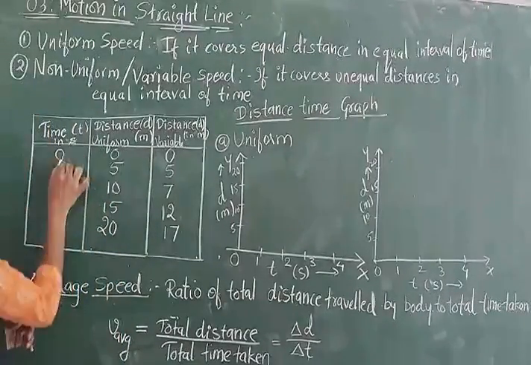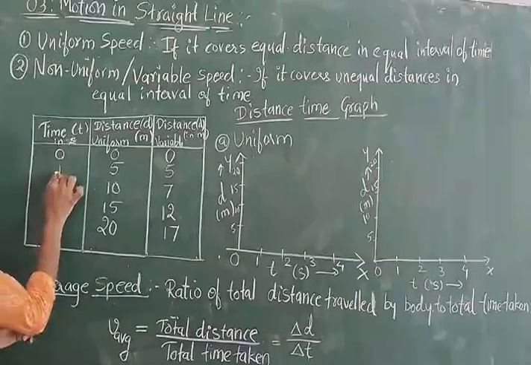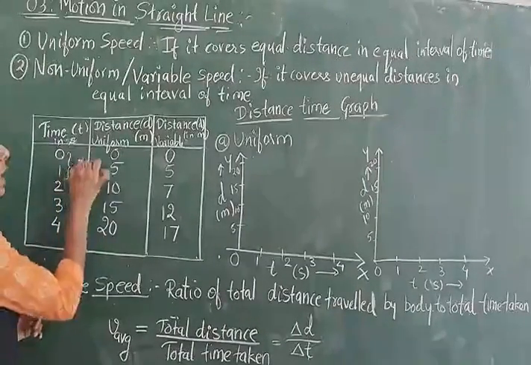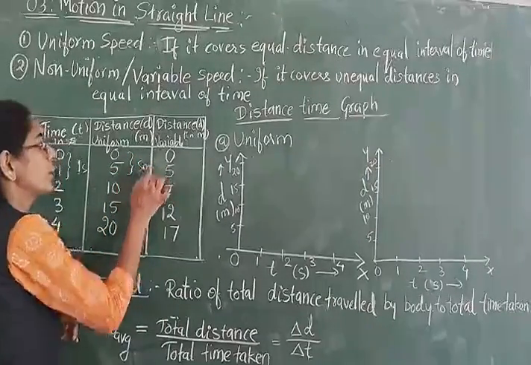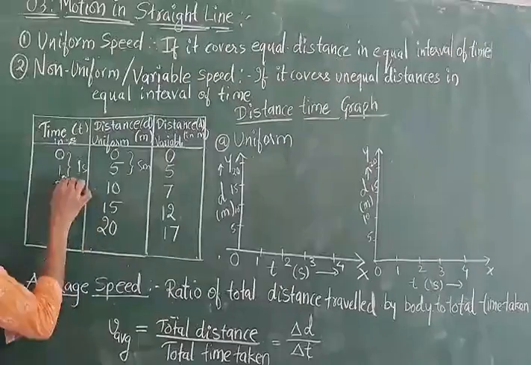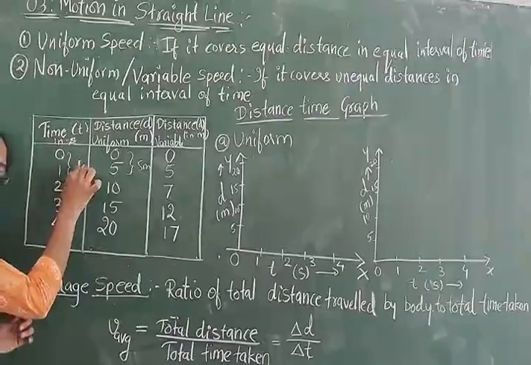So let us consider that the object covers equal distances in equal durations of time. From 0 to 1, the time taken is 1 second, and the distance covered is 5 meters. The next time interval, from 1 to 2, is again 1 second.